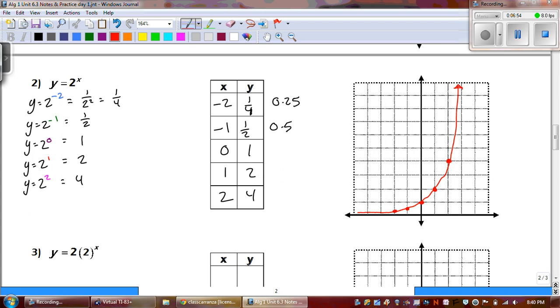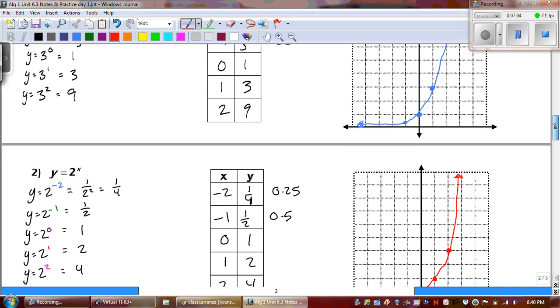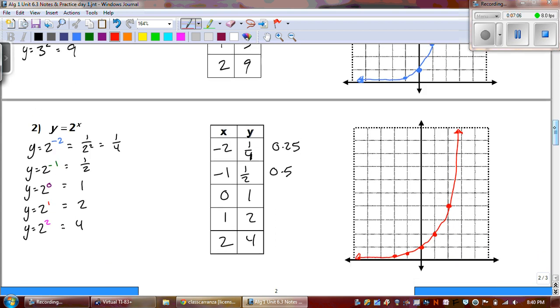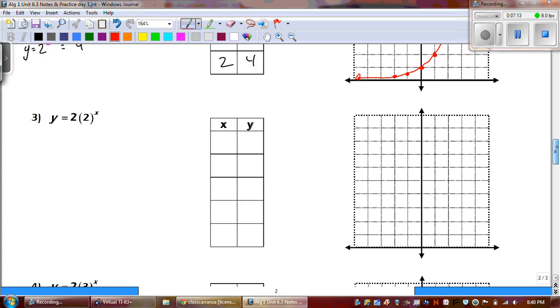This one came out better than my other one. And remember, I did not touch the x-axis. Once you start graphing these, you can see how some of them shoot up faster, some of them are wider, some of them are skinnier, and it all depends on the numbers.